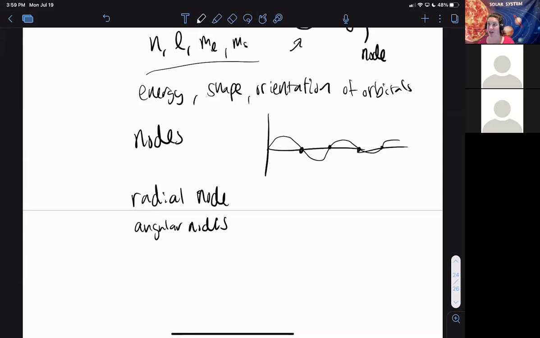You should also understand the Aufbau principle. So how we fill electrons into an electron configuration or orbital diagram. So you should be able to do electron configurations and orbital diagrams.